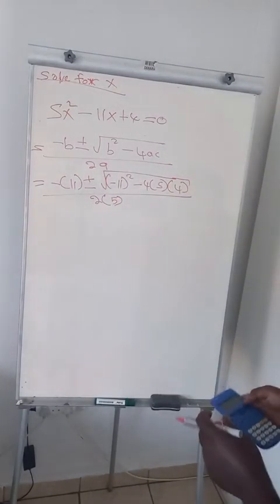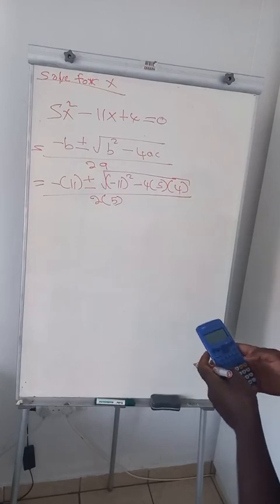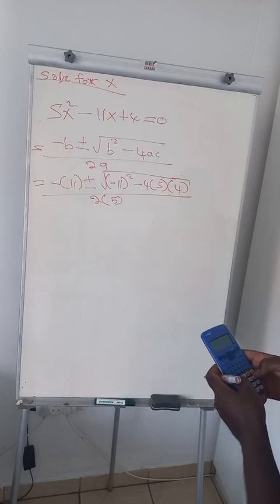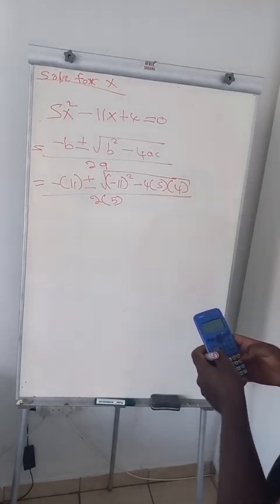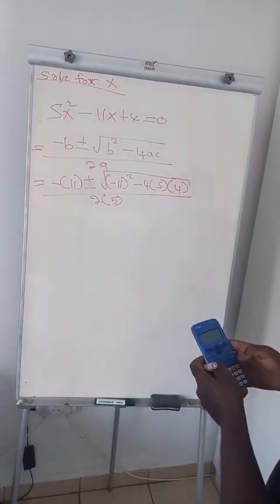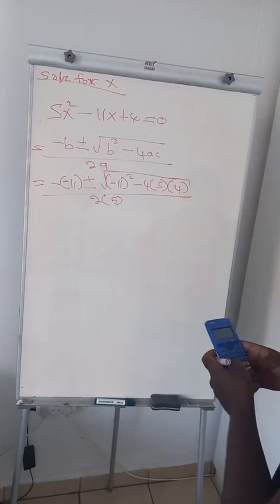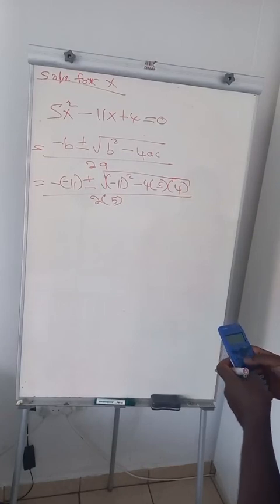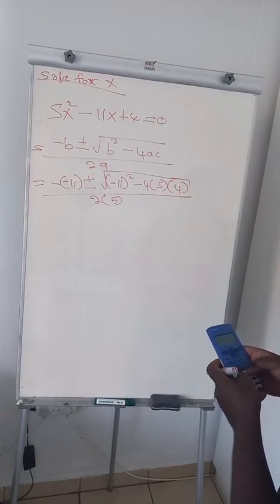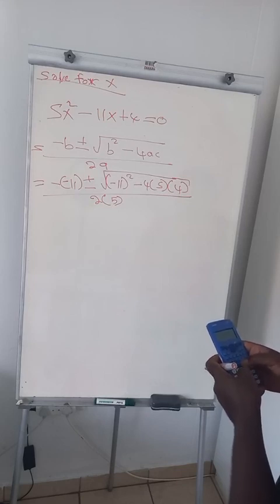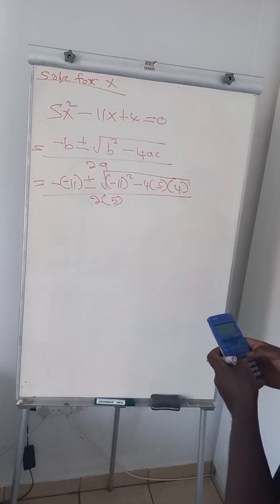So now punch that in your calculator, you get minus 11 plus the square root of, here it's supposed to be a negative 11, 11 squared minus 4 times a, which is 5, and c is just 4, all divided by 2 times a, which is 5.